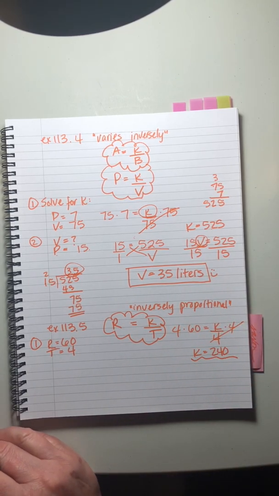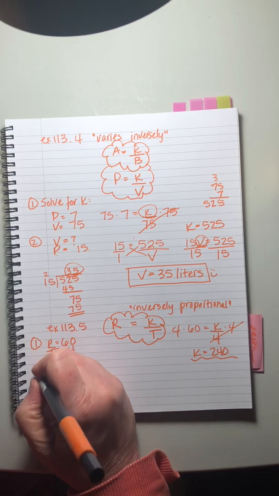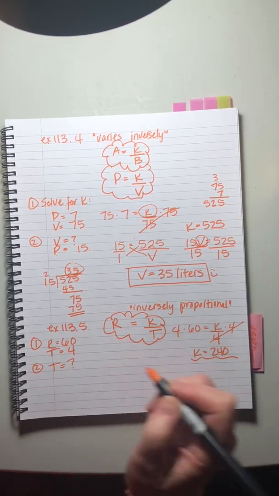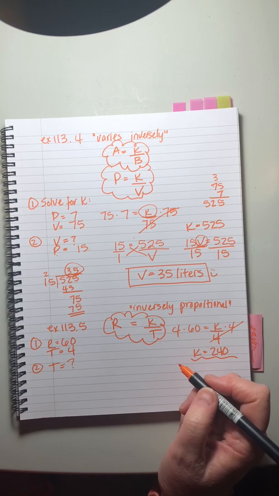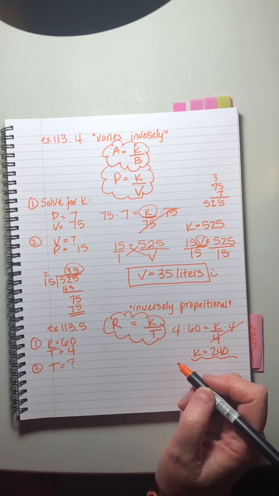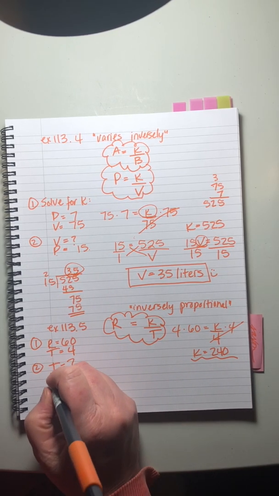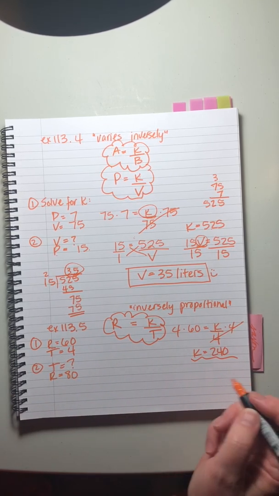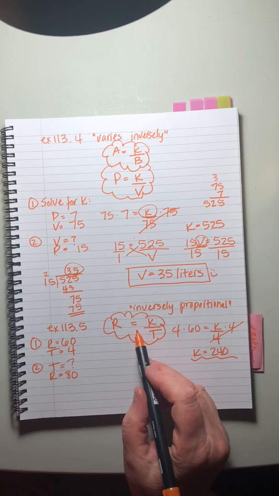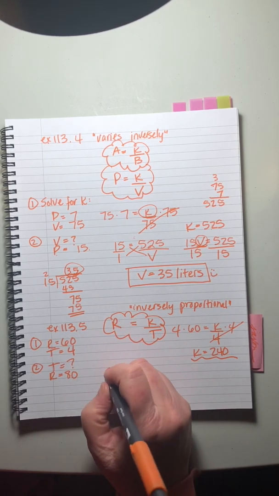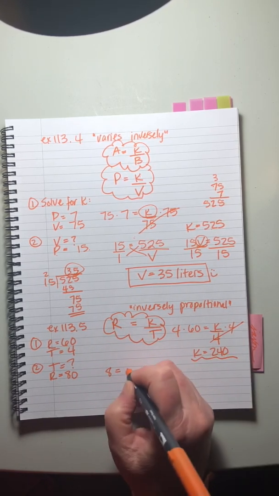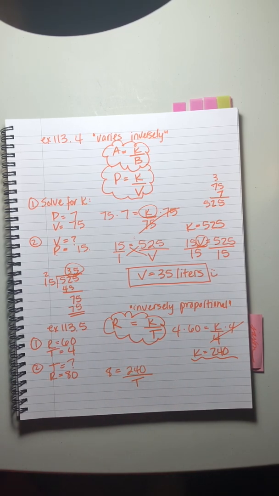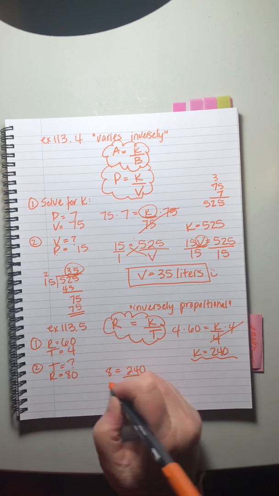All right. Now I have scenario 2. What would be the time required? Time is the mystery. Of the same distance if the rate were increased to 80 miles per hour. All right. We use this again. The rate is now up to 80 equals 240 divided by t. Okay? I'm going to cross multiply.